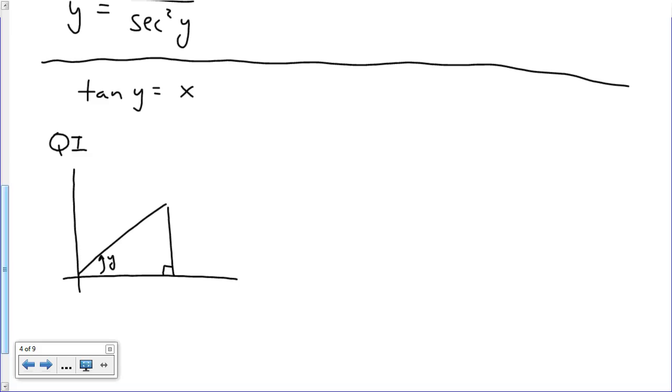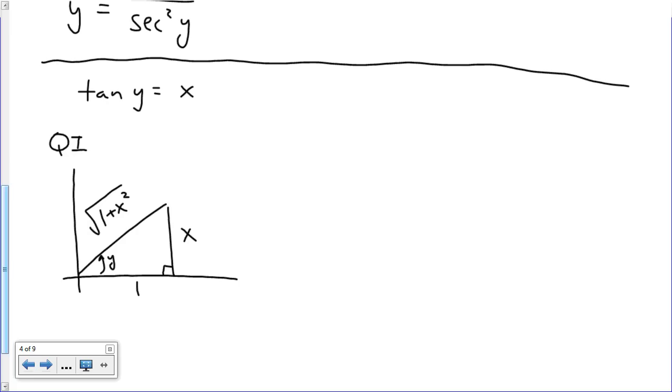I know that tangent is the opposite over the adjacent side. So I want the opposite side to be x and the adjacent side to be 1, because then for this triangle, it is in fact true that the tangent of y would give me x over 1, or just x. And by the Pythagorean theorem, I can then find the hypotenuse. The hypotenuse, of course, is going to be the square root of 1 squared, or 1, plus x squared.